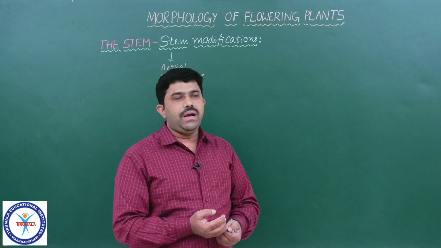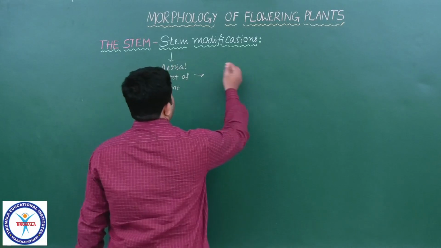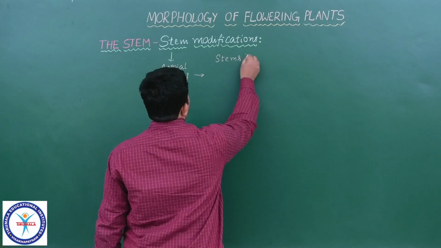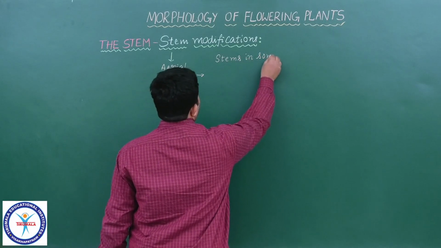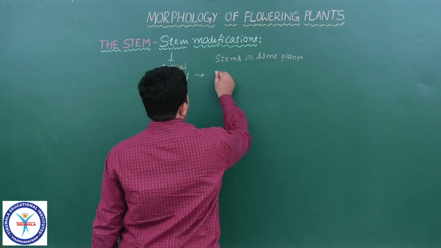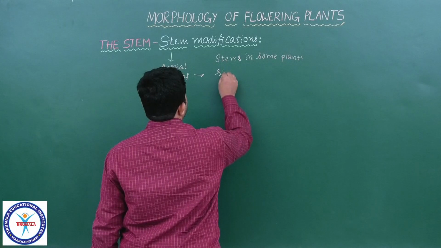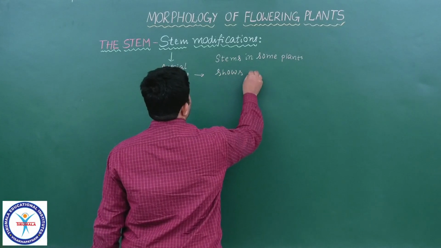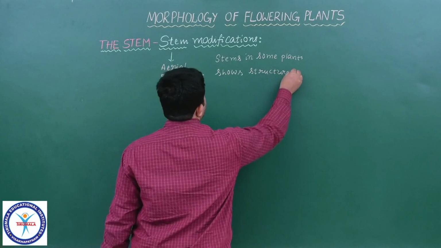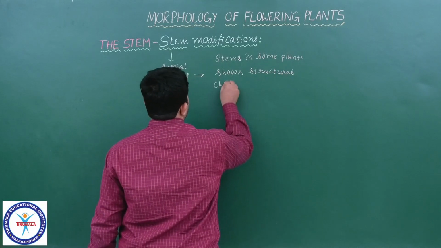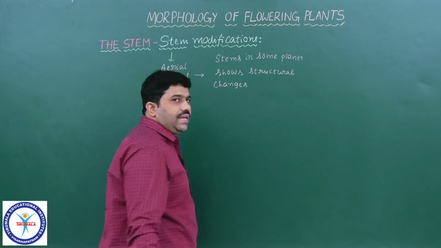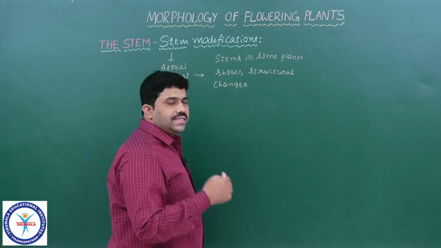Understand? Right, ma'am? So write down here: stems in some plants show structural changes. We are not always expecting the stem to be in a vertical, erect, cylindrical condition.